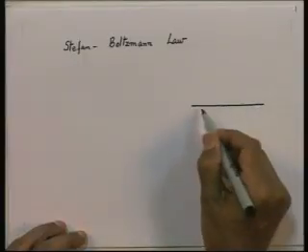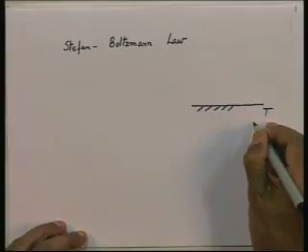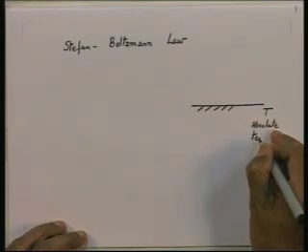So, if I have a surface, let me draw a surface, and let us say it is at an absolute temperature T. Note the word, I am saying it is an absolute temperature, that is in Kelvin.